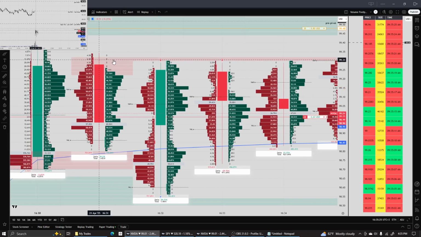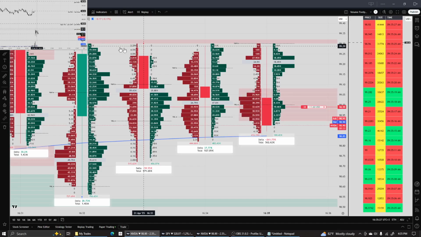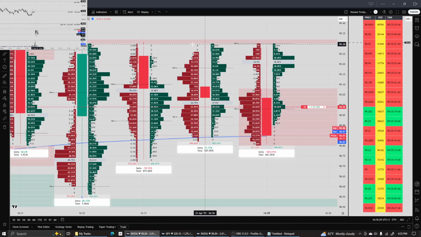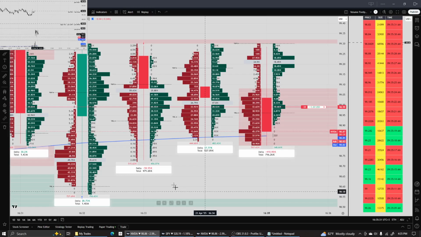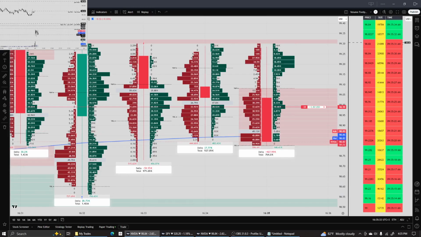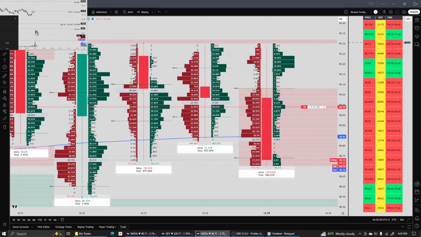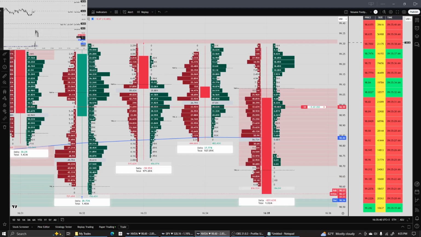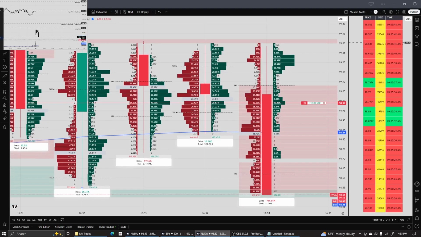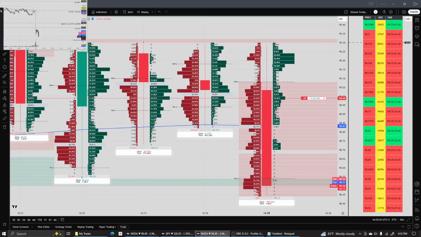Area high. Okay, it resisted 99.30 again, and I need more indicators. Smoothed. Okay, broke down.